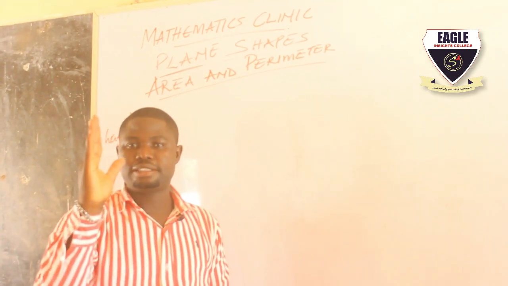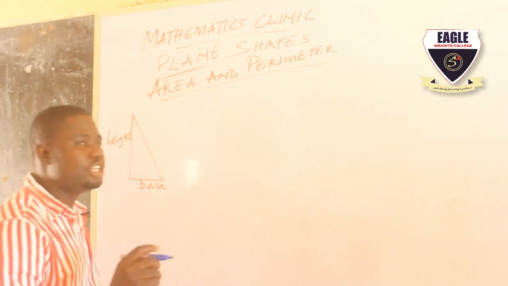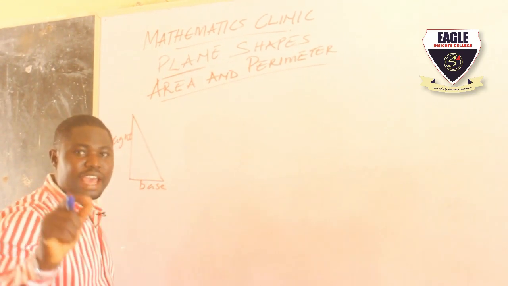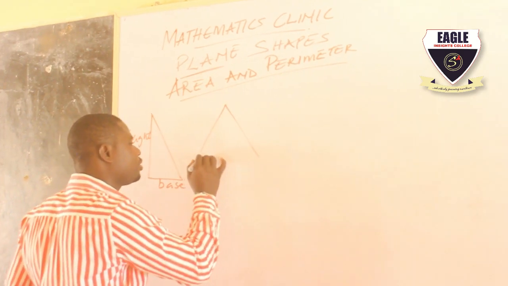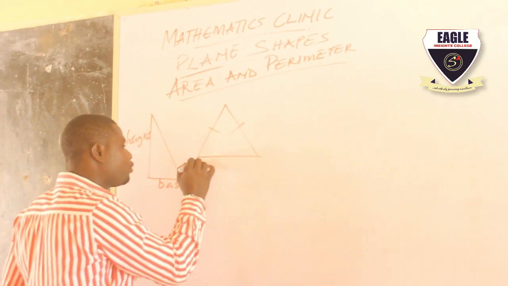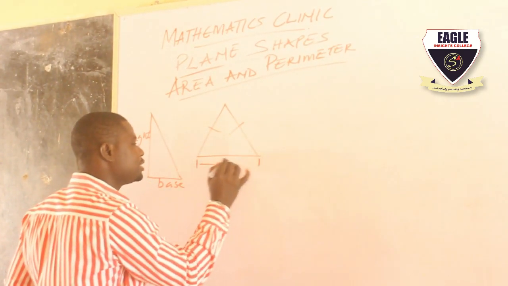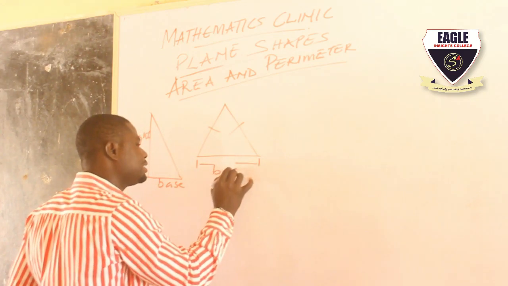Base, height. So irrespective of the triangle you have, you also have an isosceles triangle. From this point to this point is considered as the base.